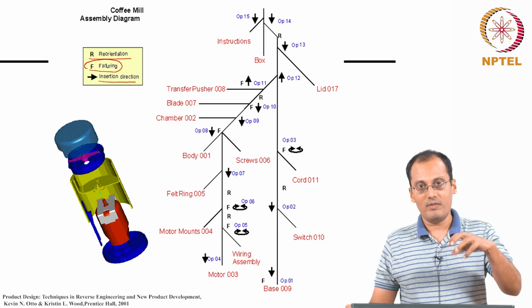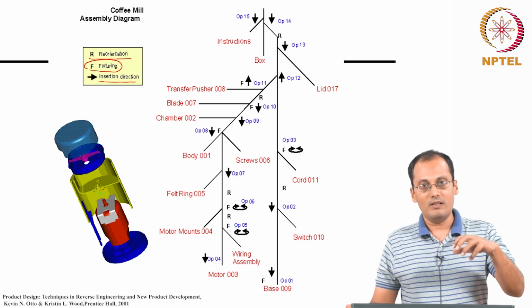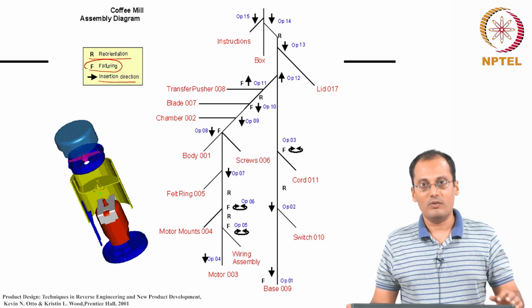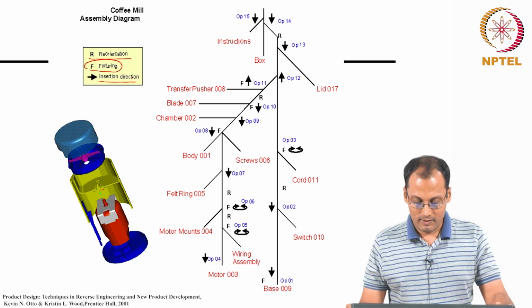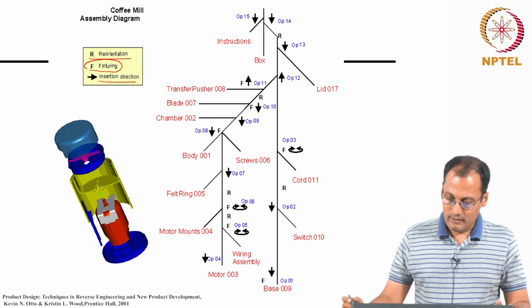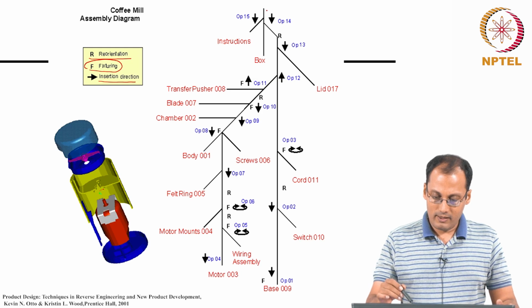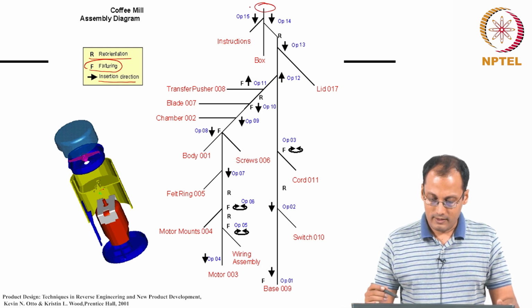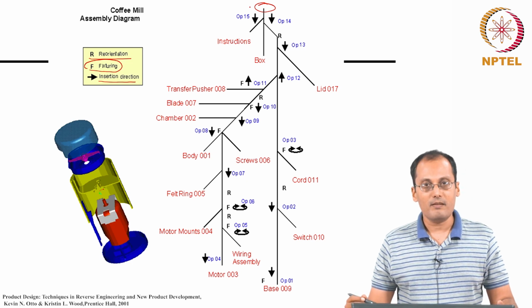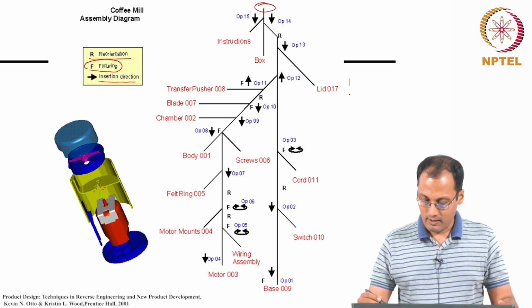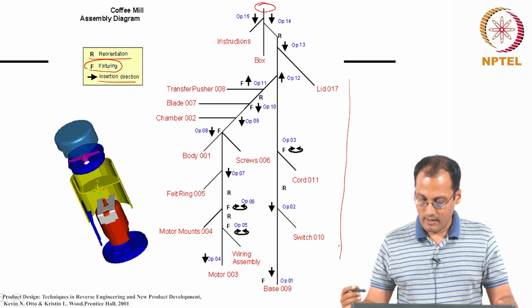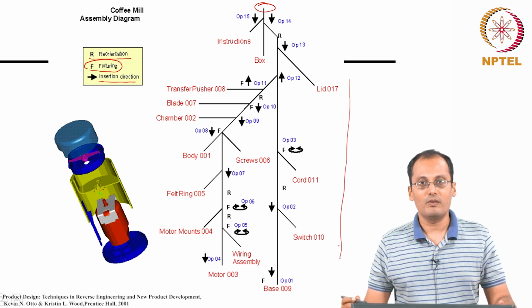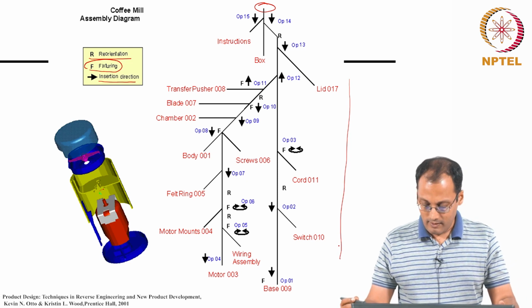Like if I have to assemble something where I need a rotary movement, I can also mention the requirement. So, as mentioned earlier, the final product is the trunk over here, and the various sub assemblies and components come as branches meeting together to form the final trunk.